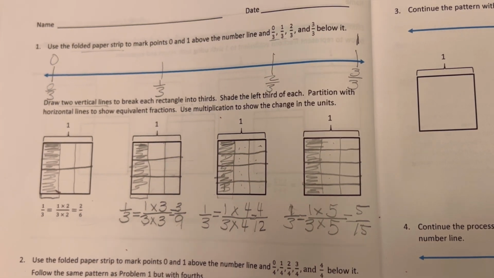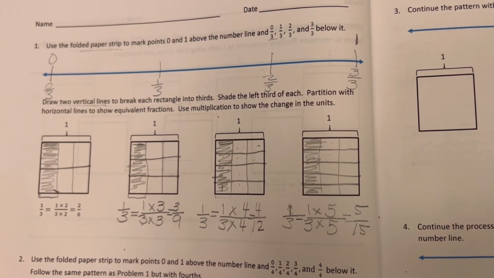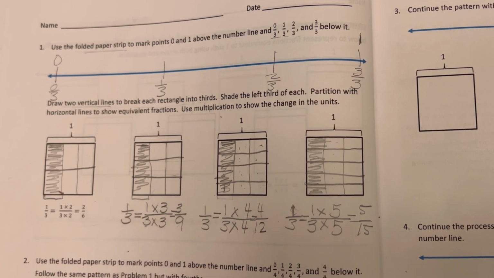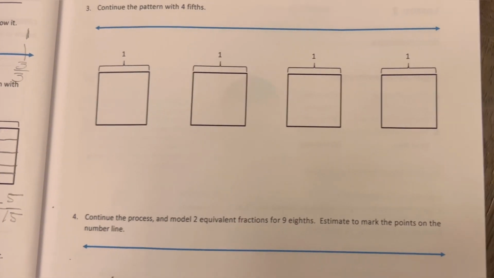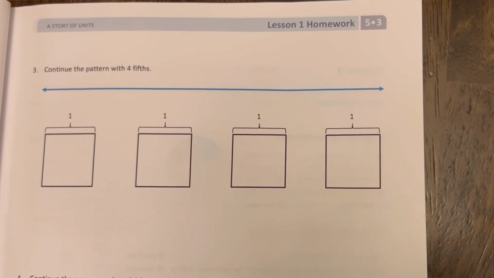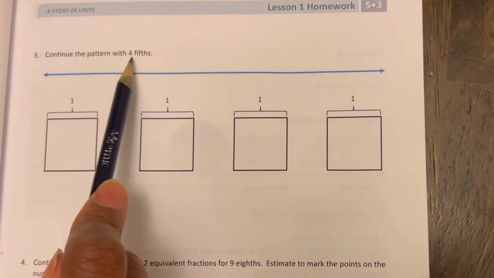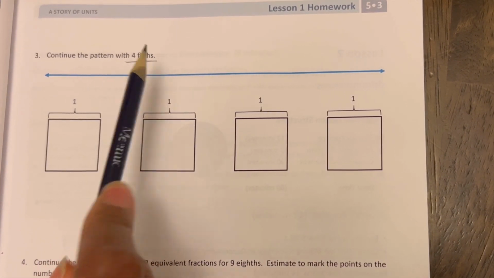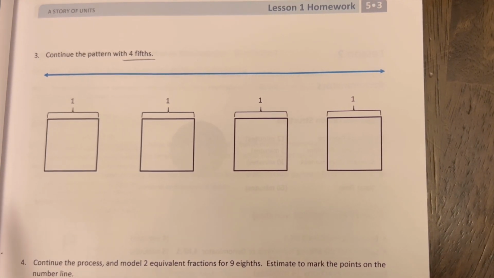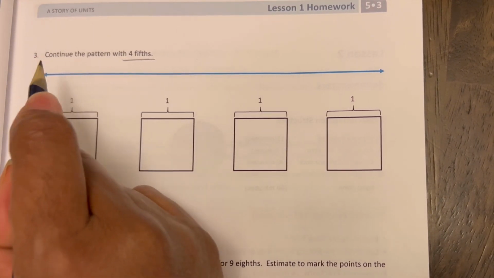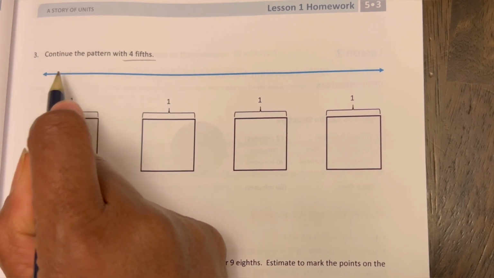Okay, so students, I want you to try out number 2. I'm gonna go over to number 3 and just show you how this is a little bit different. Okay, so what is different now? So notice here, we're starting with 4/5. Okay, so we'll go ahead and we'll label this number line.